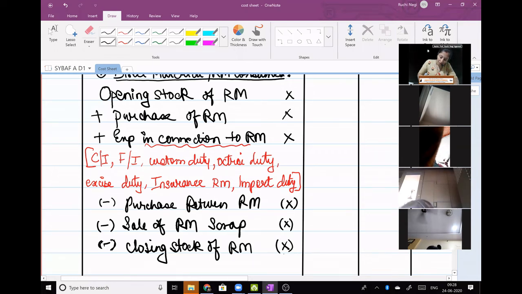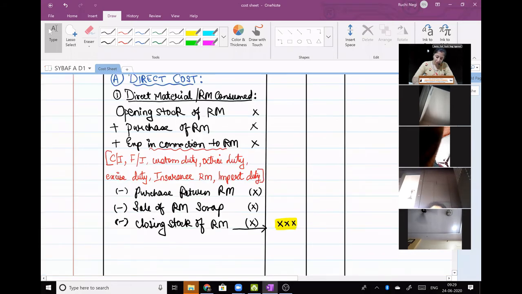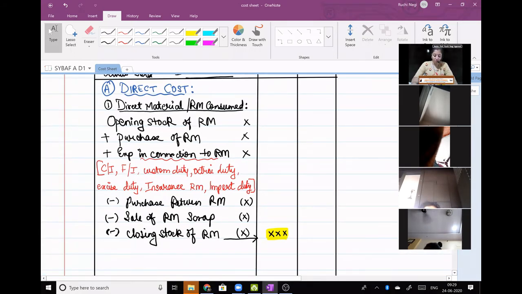So whatever answer you get in the outer column, this is known as raw material consumed. Understood? Any doubts till here? I'll go obviously slow with the format because format is very important. If you don't know the format, you won't be able to solve sums.